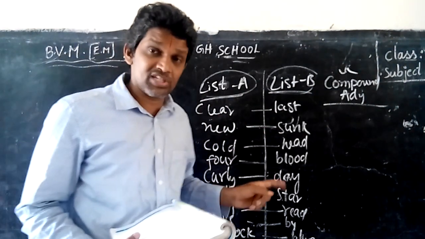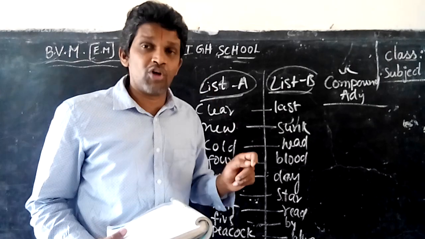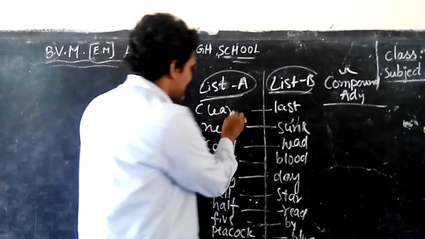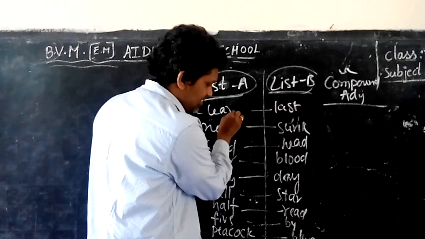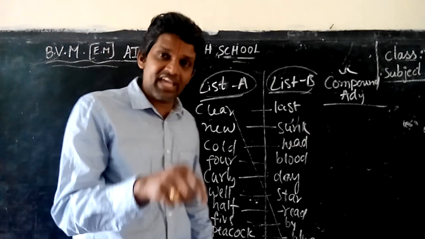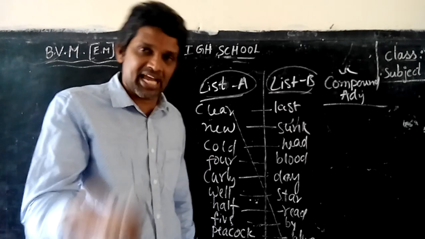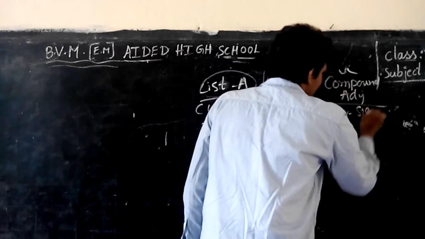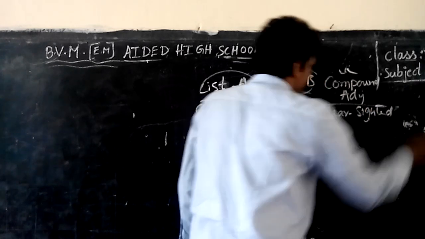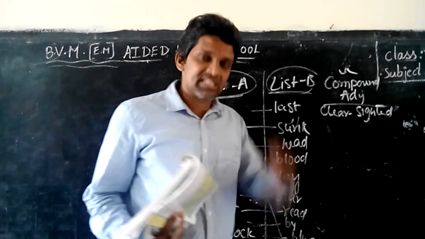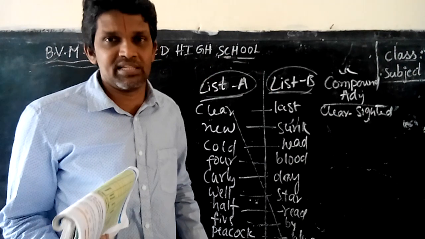While combining these two words, we should not forget to put a hyphen between them. So first one is clear sighted. So you have to change the verb forms also. Sight, sighted. So clear sighted. That can be seen clearly is called clear sighted. Clear sighted spectacles, like that.